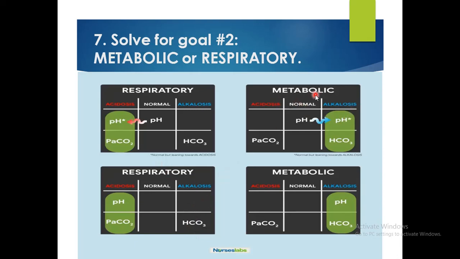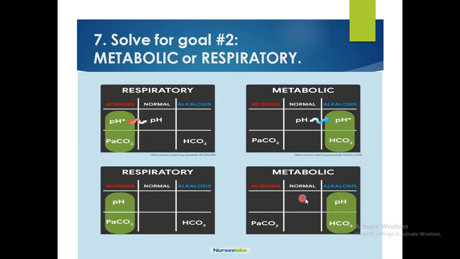So here you can see in case of metabolic alkalosis, the pH is towards alkalosis side and bicarbonate is also towards the alkalosis side. However, the carbon dioxide concentration is towards the acidosis side, so here respiratory compensation is taking place.